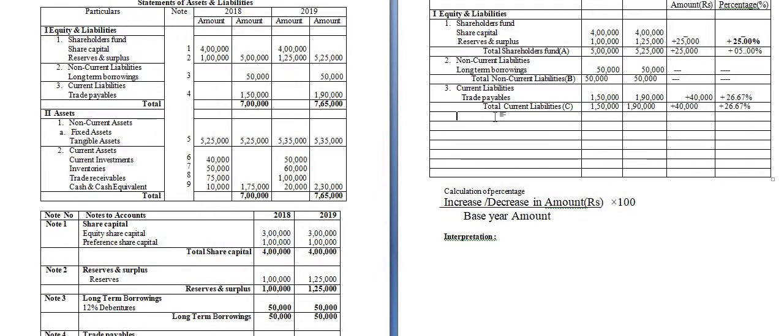So right here, total. This is the total of the liability side.